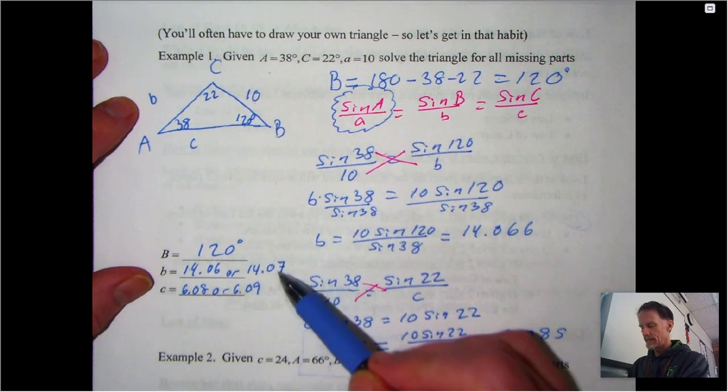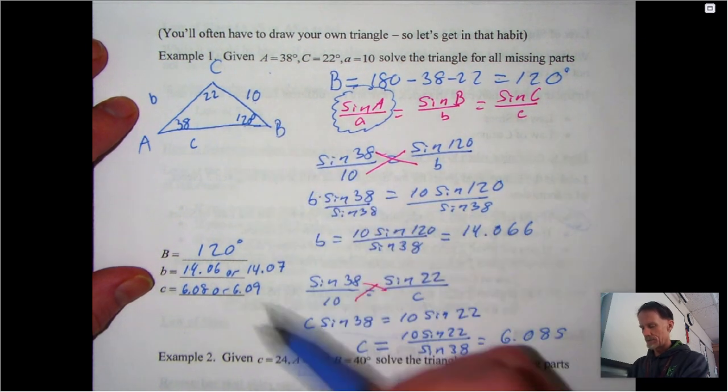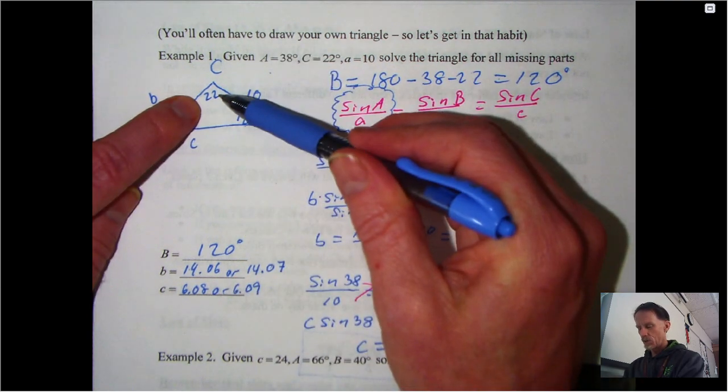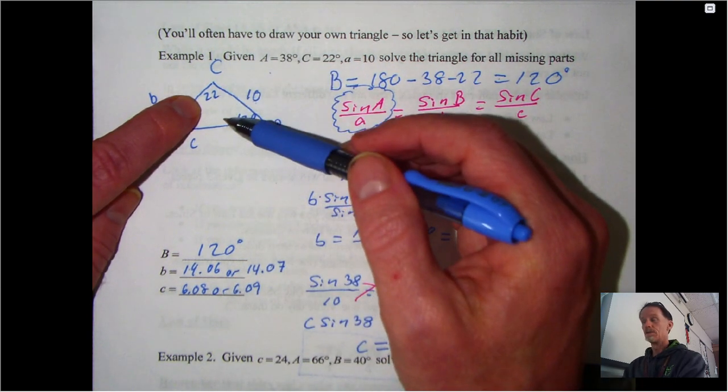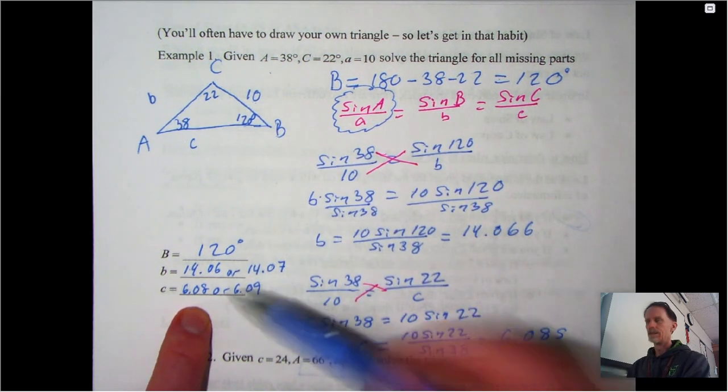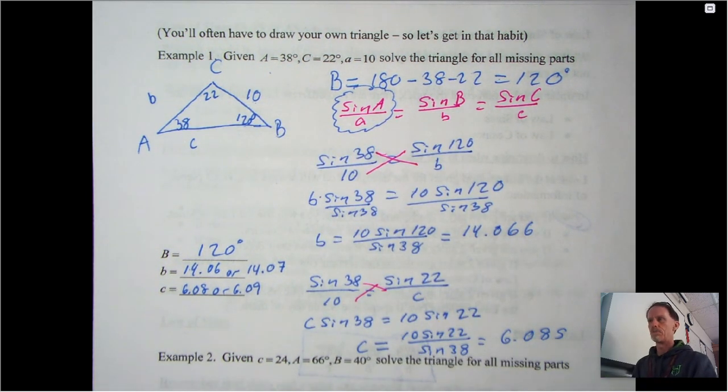And if you look at 14 as opposed to 10 or 6, that checks out. And then the shortest side will be opposite the smallest angle. So is side C the smallest? It is. So that seems to check out pretty good. Is that a surefire way to know that you did it right? No, but at least it will kind of catch some bigger errors.